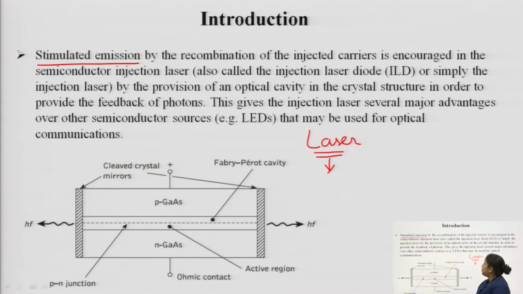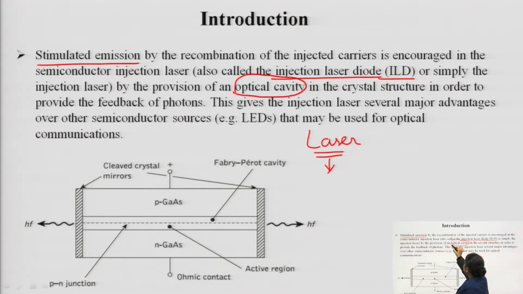Stimulated emission by the recombination of injected carriers is encouraged in the semiconductor injection laser, which is also called the injection laser diode or ILD, or simply the injection laser, by the provision of an optical cavity.